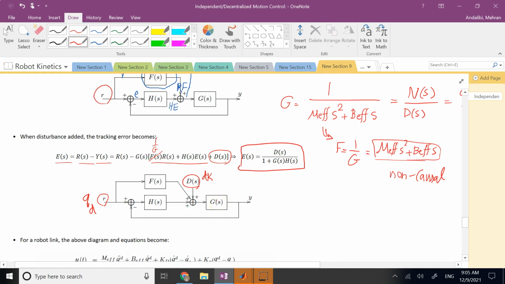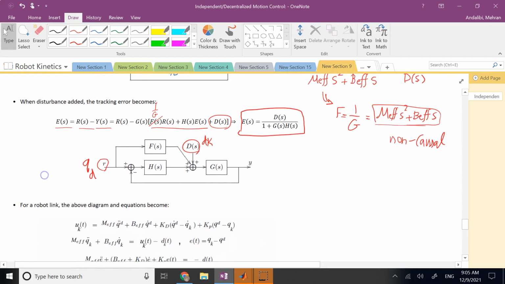Good? Right? So now the goal is to choose this feedback such that you minimize the effect of disturbance, but still it cannot do perfect magic, right? So the method of computed torque says, well, regardless of what H I choose and regardless of what F I choose, I still have a non-zero error.